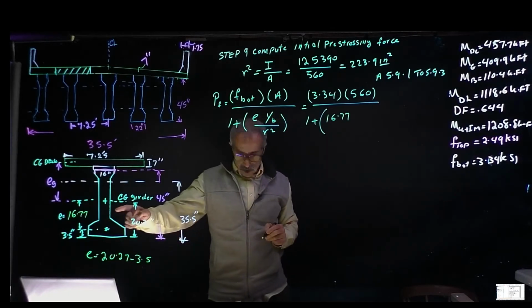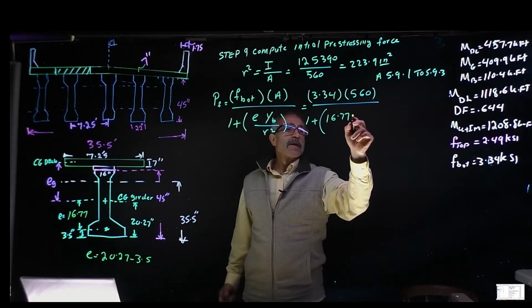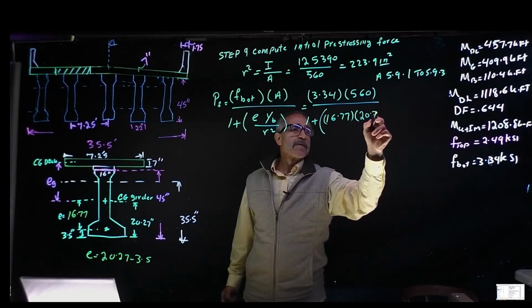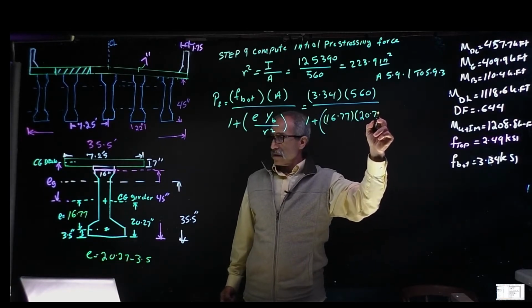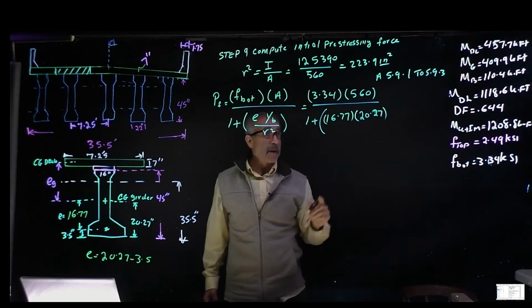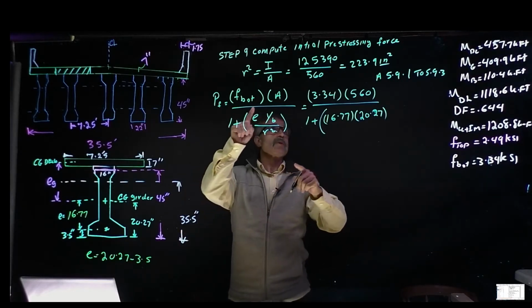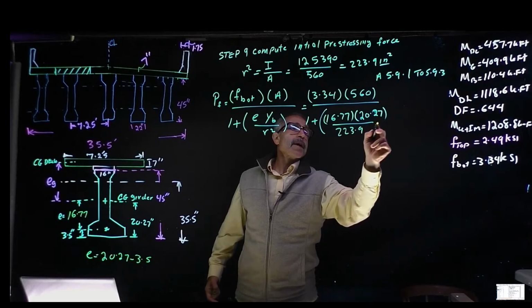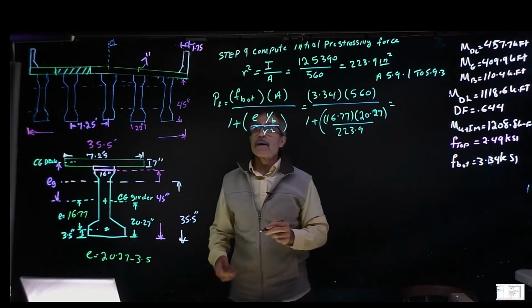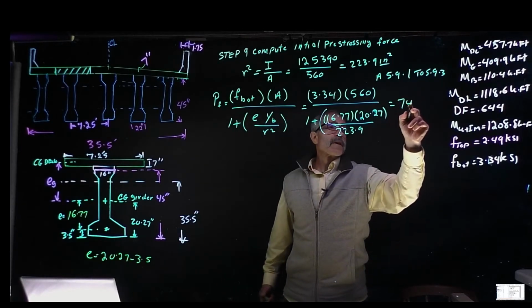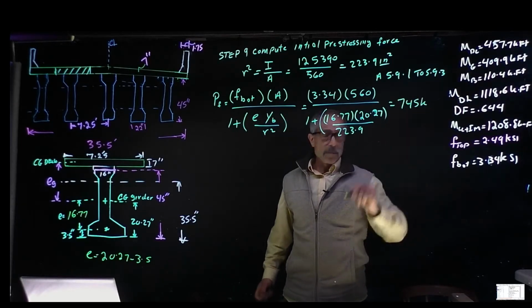Y bottom was 20.27, multiplied by 20.27, and divide the whole thing by 223.9. So that comes out to 745 kip.